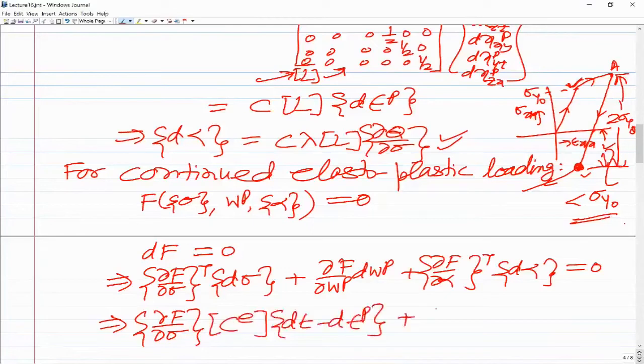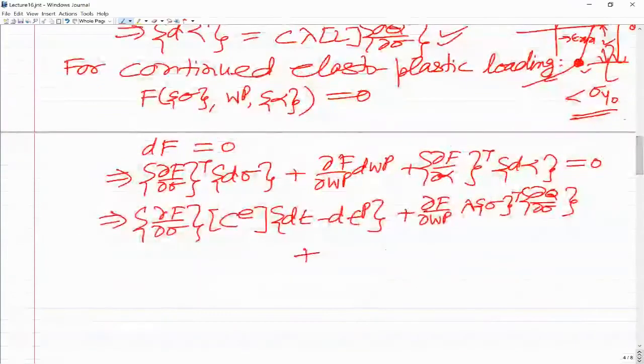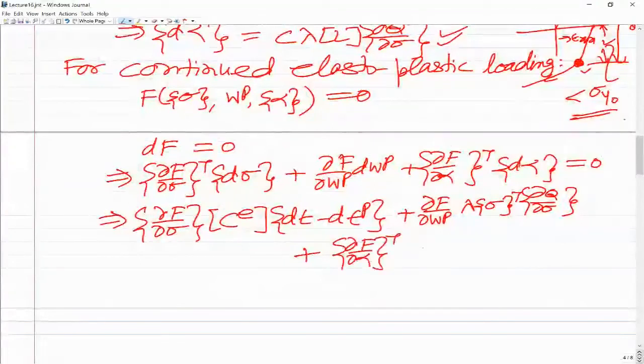Then del f by del Wp into dWp, where dWp we said can be written as lambda into sigma transpose into del q by del sigma, plus del f by del alpha transpose, and d alpha we said is C into lambda into matrix L into del q by del sigma, and this is equal to 0.